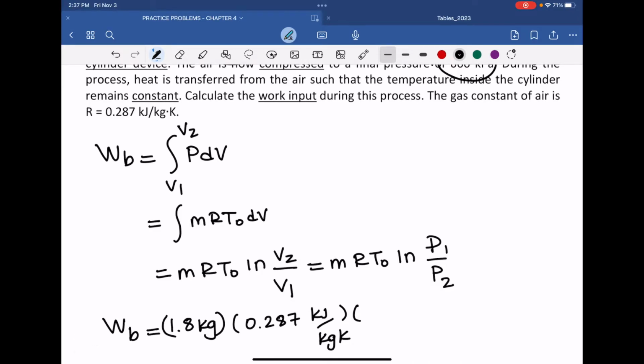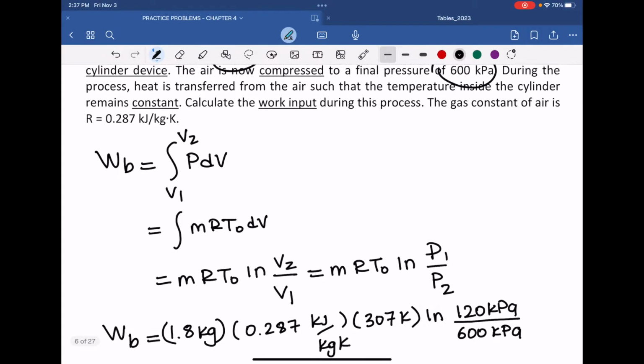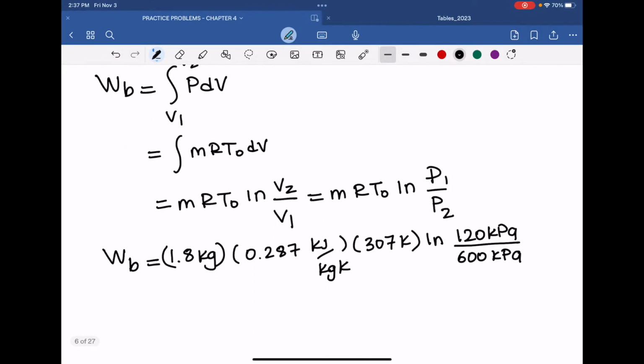You need to add 34 plus 273, which is 307 Kelvin. And ln P1 is 120. They need to be in kilopascal. Okay, so that's simple. We figured it out, minus 255 kilojoule. And the minus sign confirms that it's compression.